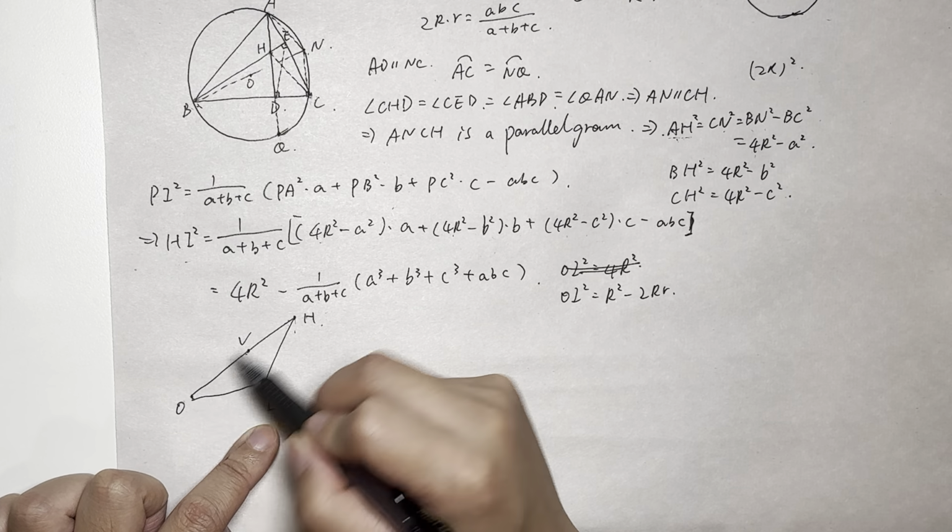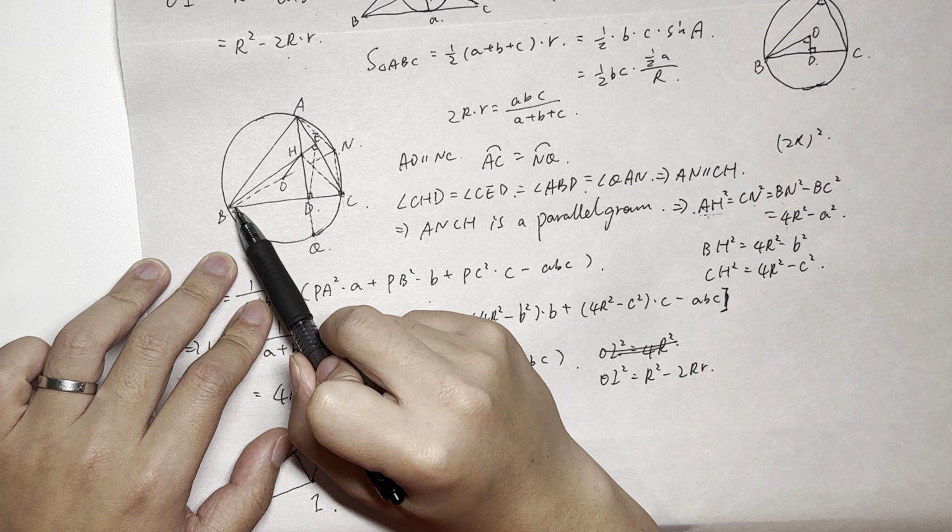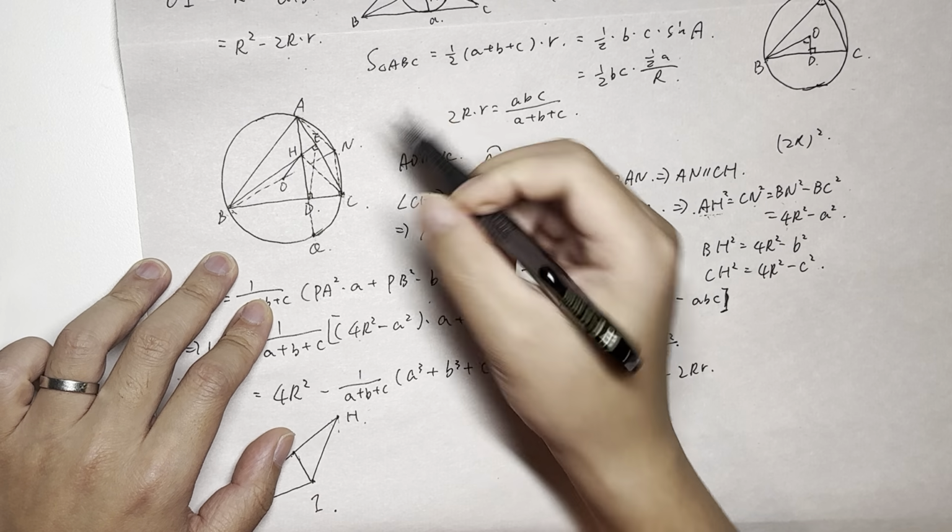right? So let's come back to this figure. We want to find OH square. See, OH square can be found using Stewart's theorem in the triangle BHN.